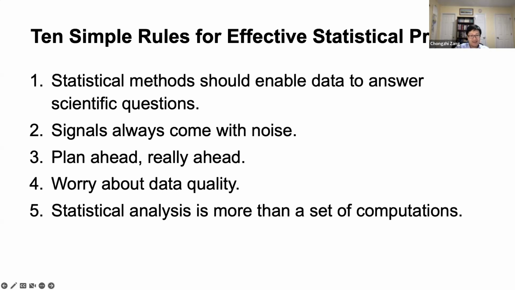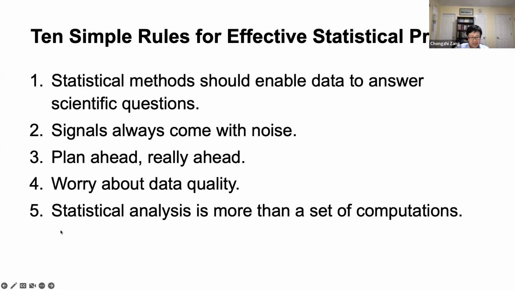In this case, sometimes we find that they really should have designed the experiment in a different way. Then we should tell them what is a better way of designing the experiment to generate data that is better for making the conclusion. And number four, we should always worry about data quality. When analyzing any data, assess the data quality, do the QC as the very first step.